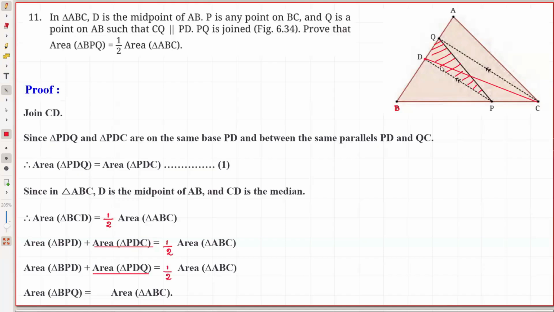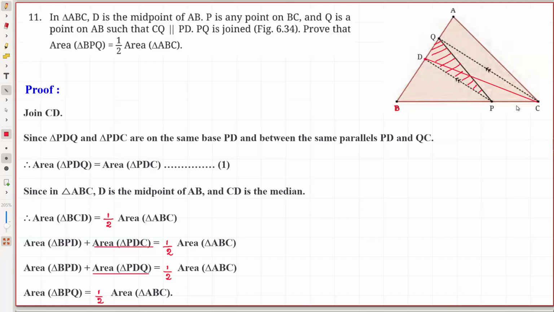Now if we add these two areas, BPD plus BDQ, we get the area of triangle BPQ. So this is equal to half of the area of triangle ABC.